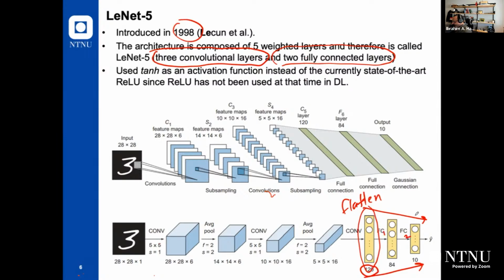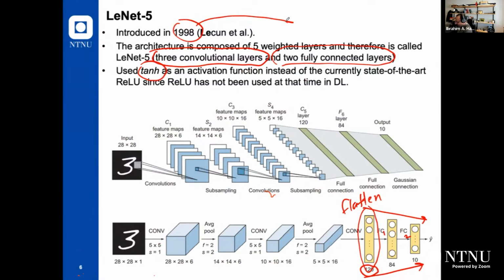This network uses a hyperbolic tangent as an activation function. Today, for example, we are using the state-of-the-art ReLU, because in 1998, ReLU did not exist; it was not invented at the time. So this network consists of 5 layers, and they use hyperbolic tangent as an activation function.